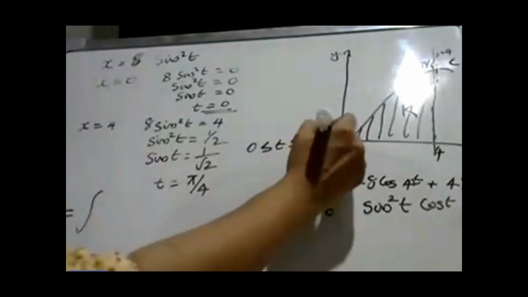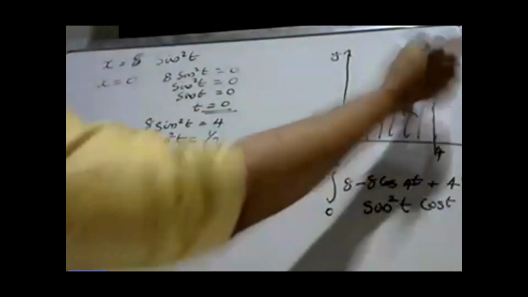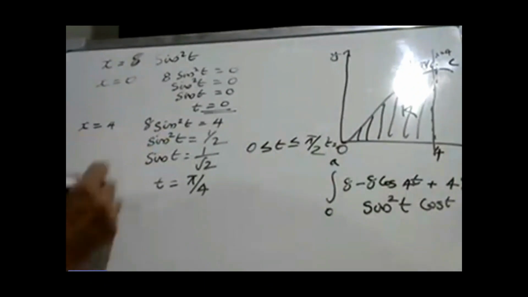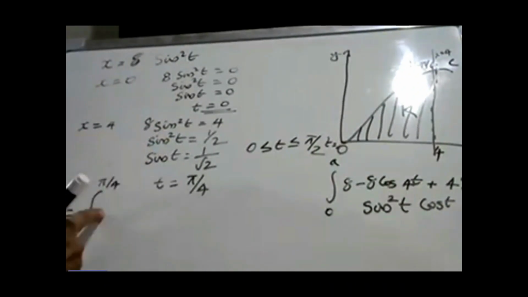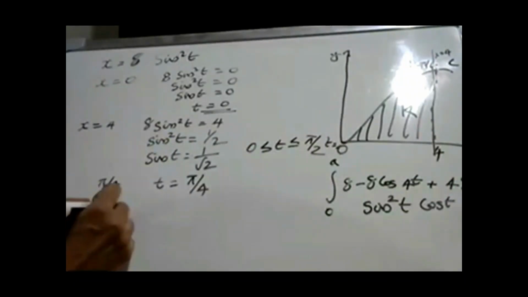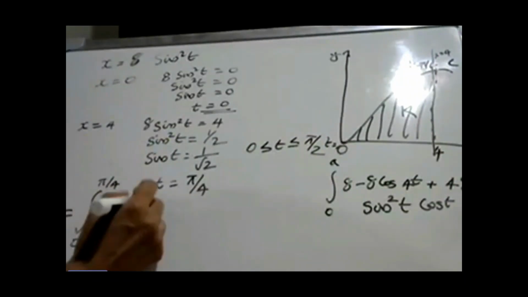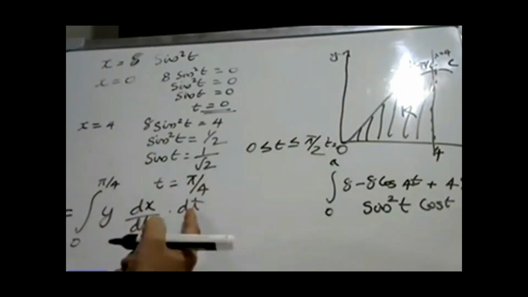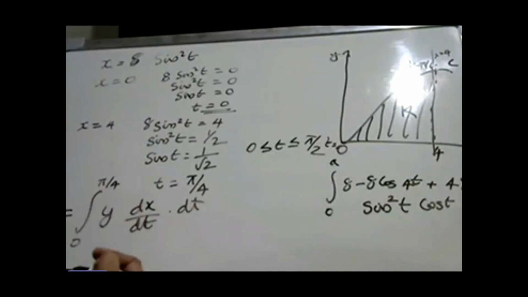So R is equal to the integral from 0 to pi over 4 of y dx over dt times dt. When this dt cancels, it becomes y dx. Since we are using the parametric equation, we have written it as y dx over dt times dt.